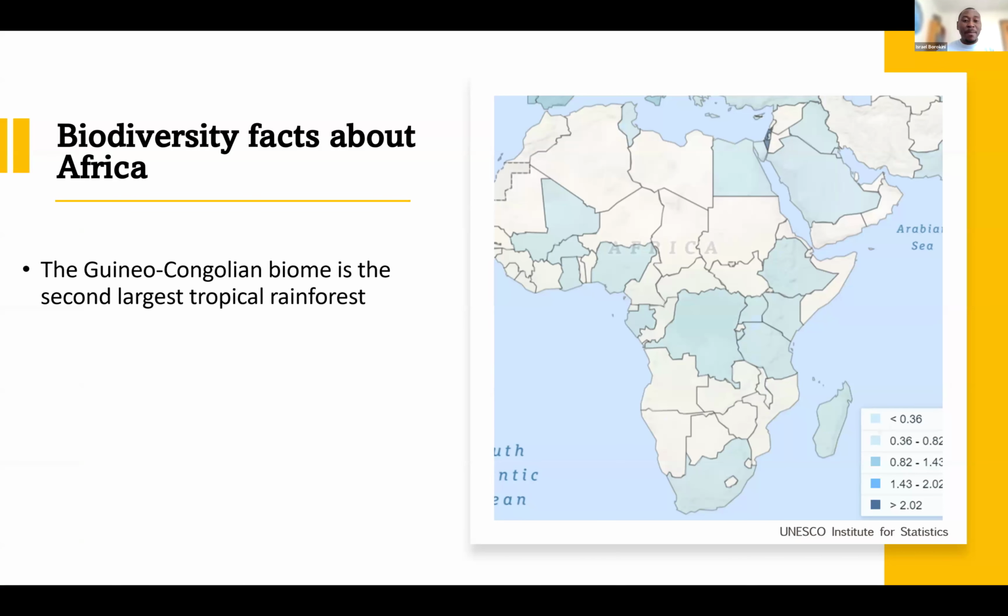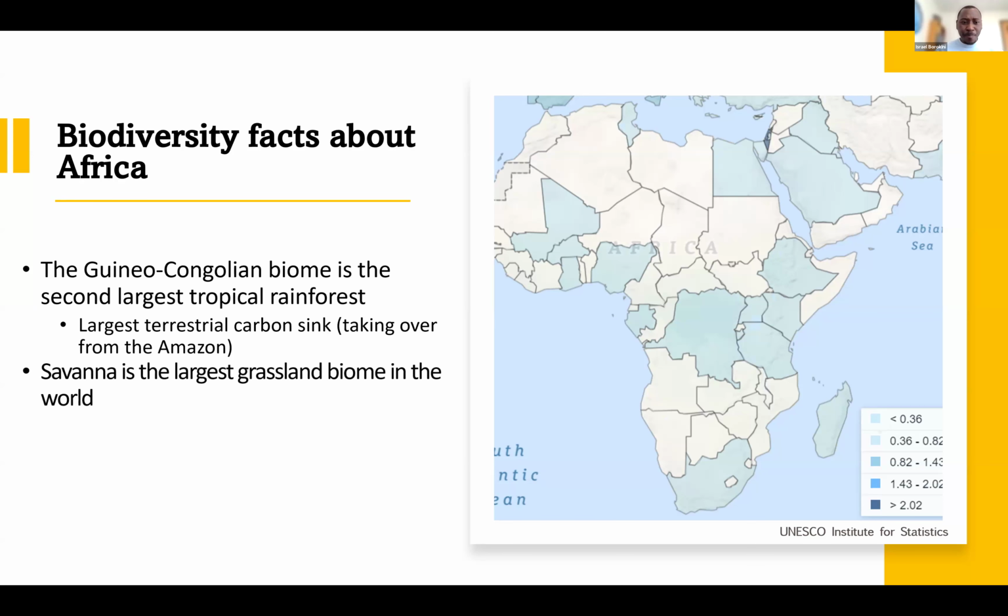First, the Guinea-Congolian biome, which is the second largest tropical rainforest in the world, and so that makes it a very important carbon sink. In fact, some studies have shown us that in recent times, the Amazon basin is no longer a net carbon sink. There's more greenhouse gas emissions going out from the Amazon than it is sequestering from the atmosphere. So, which makes the Guinea-Congolian basin the largest terrestrial carbon sink.